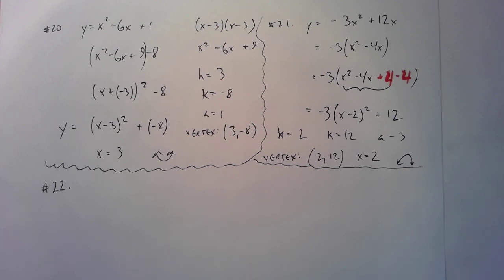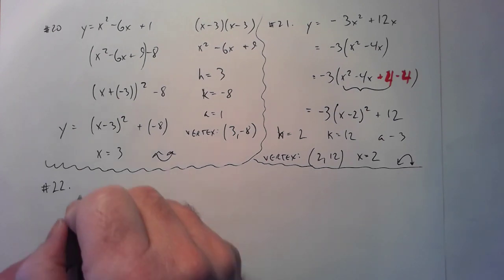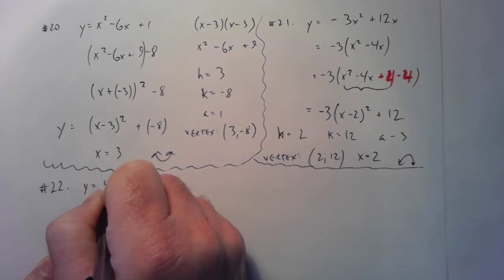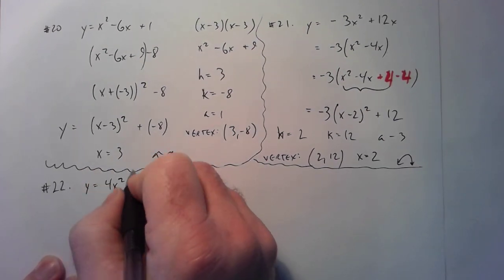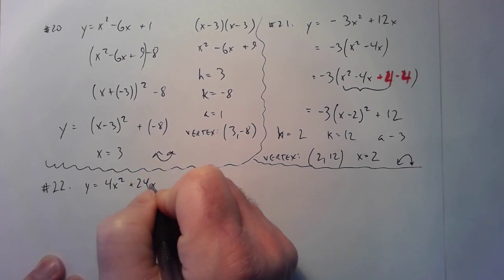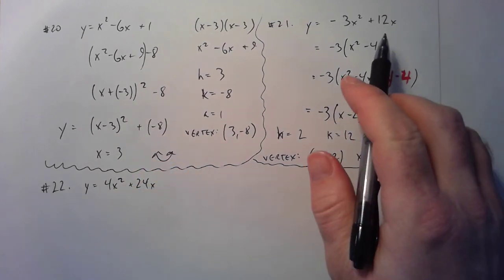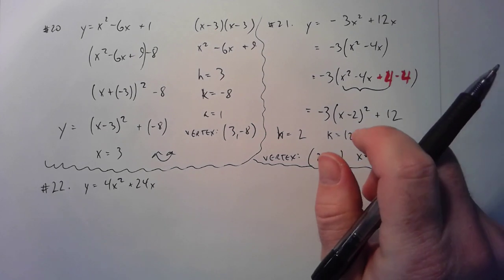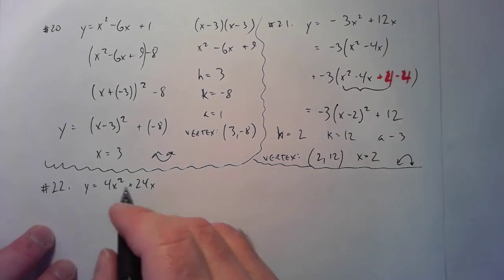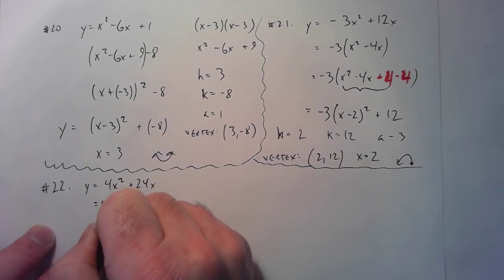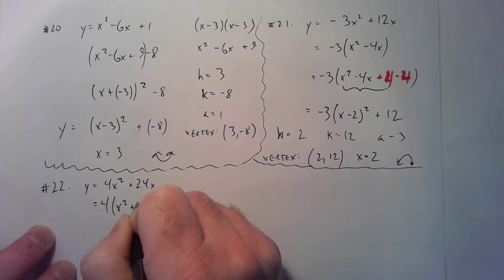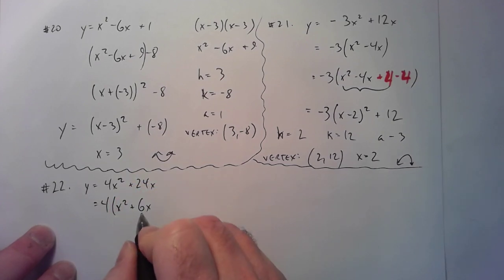And anyway, number 22 says y equals 4x squared plus 24x. We basically have the same situation as we did in number 21, in which I can factor out a 4 to clear my head. Say, what's half of 6?